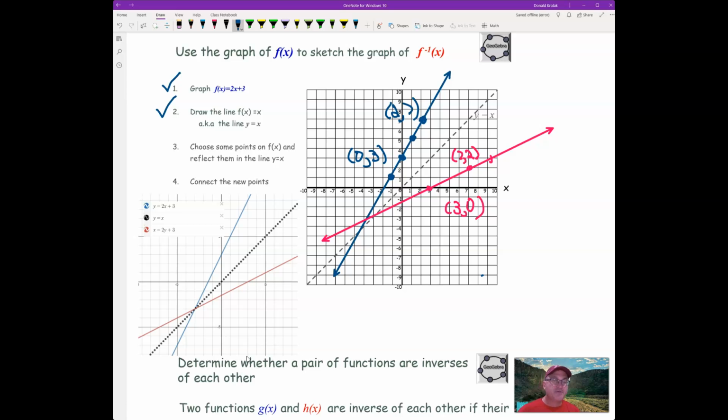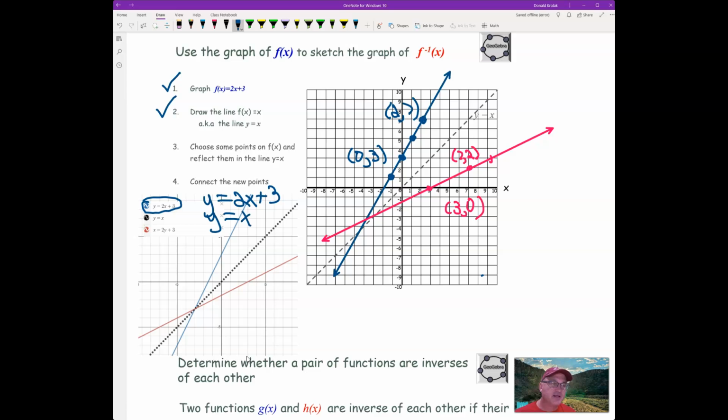Now, if you're doing it on Desmos, what I did is I typed in the equation, y equals 2x plus 3. Then I typed in the identity equation, y equals x.